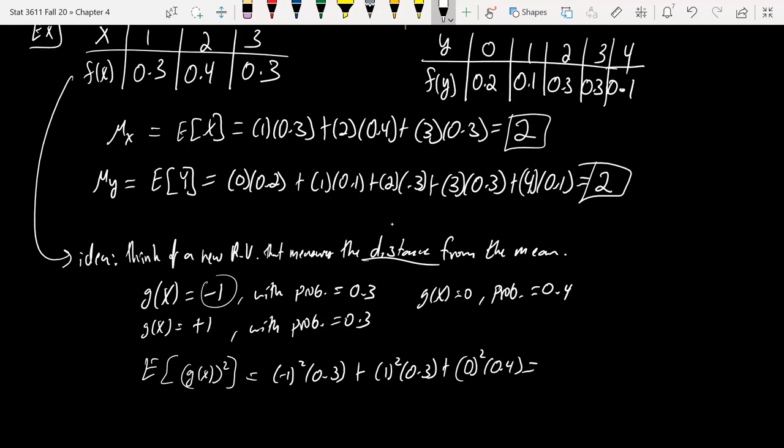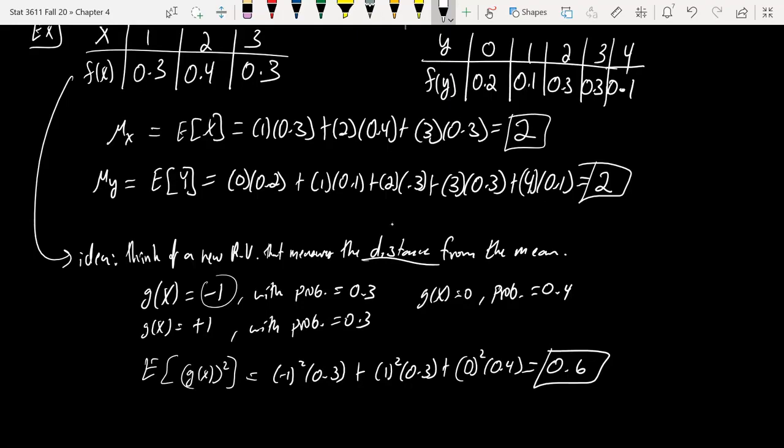So this is 1 times 0.3 plus 1 times 0.3. That is 0.6. So that is the expected squared distance from the mean.